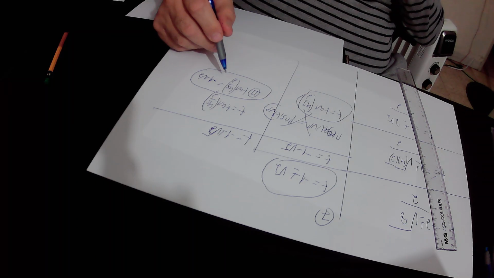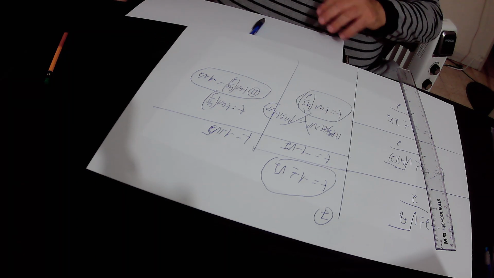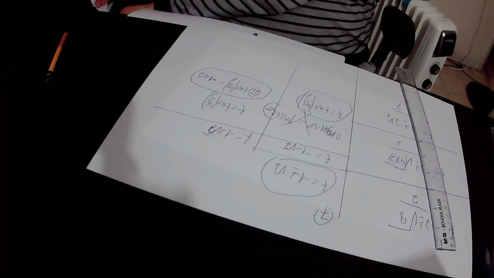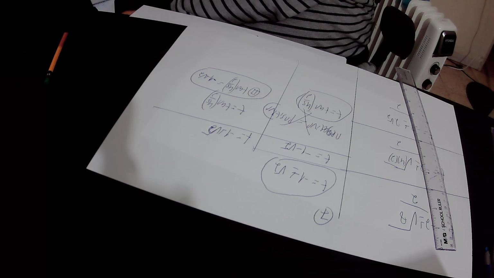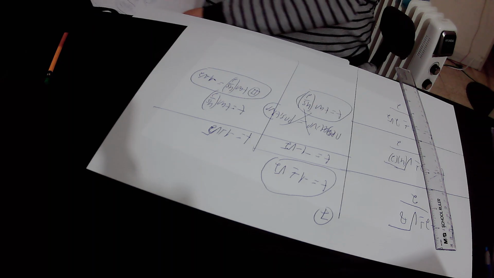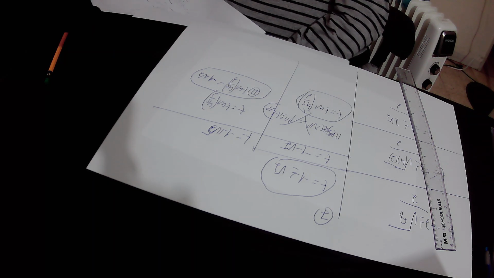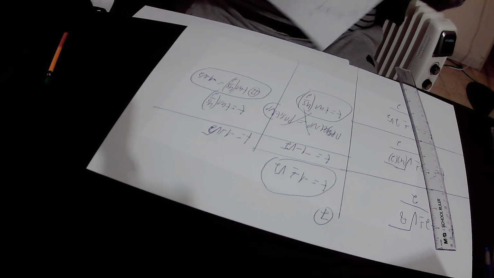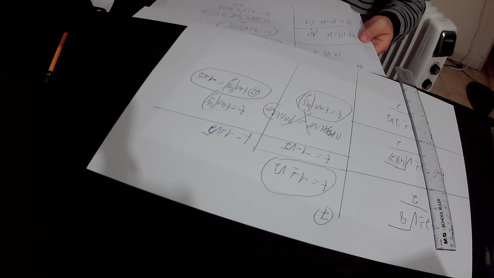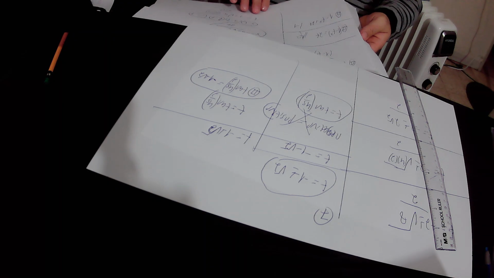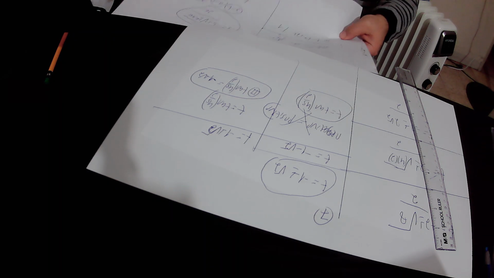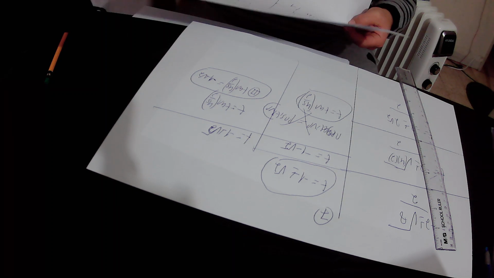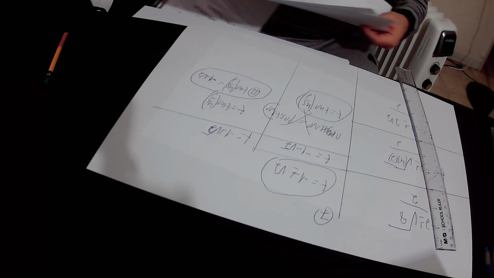This is according to equation number 2. While according to equation number 1, we have already found out that t equals 1 over x.